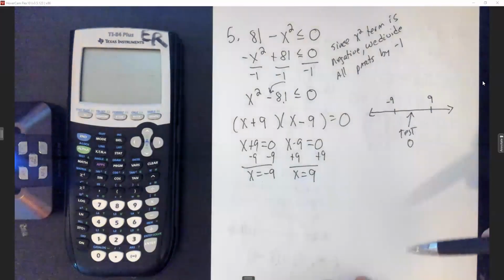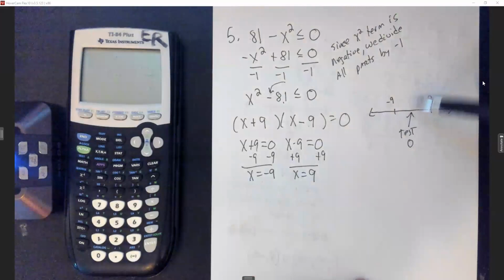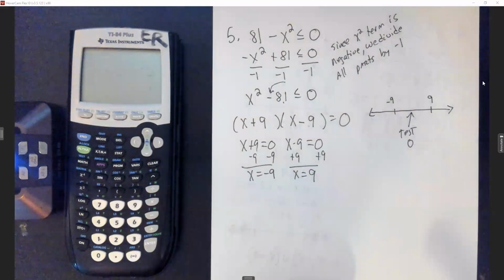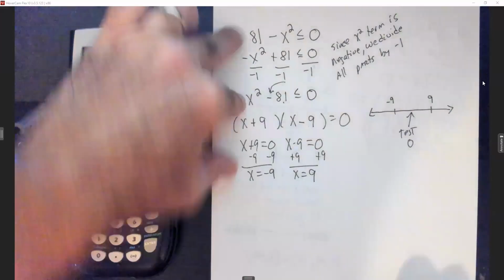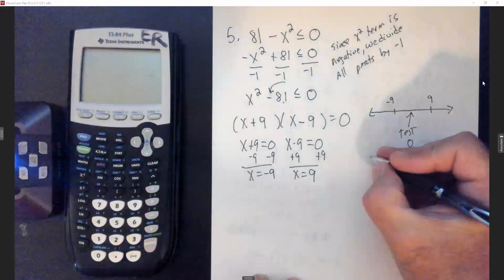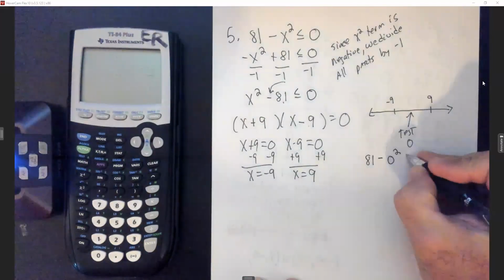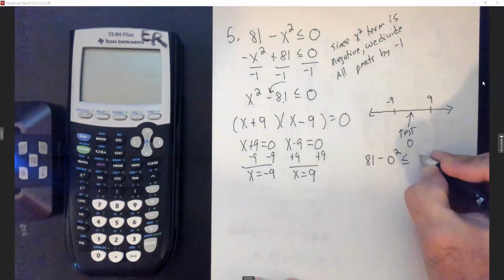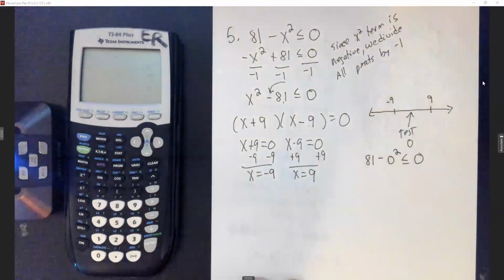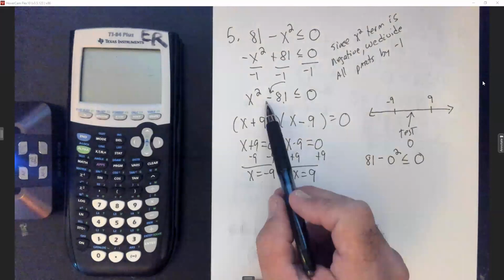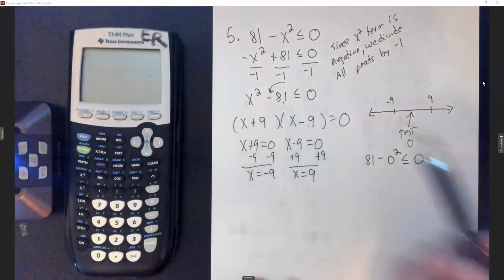It either shades the middle or it's going to shade the outsides. So, y'all, you can use either one of these equations. So I'm going to use 81 minus 0 squared has to be less than or equal to 0. You could have used this one, x squared minus 81. Any of these equations, okay?